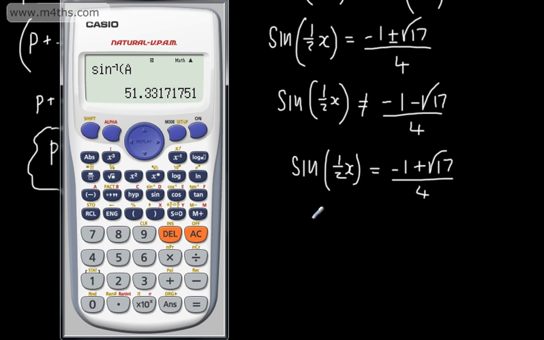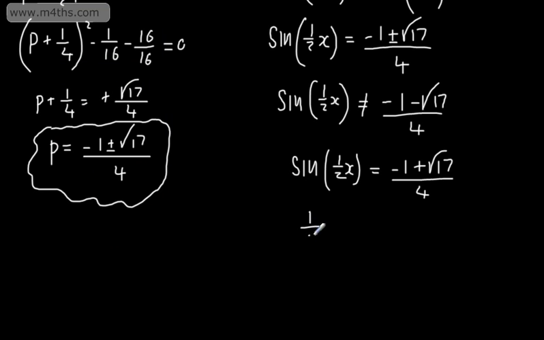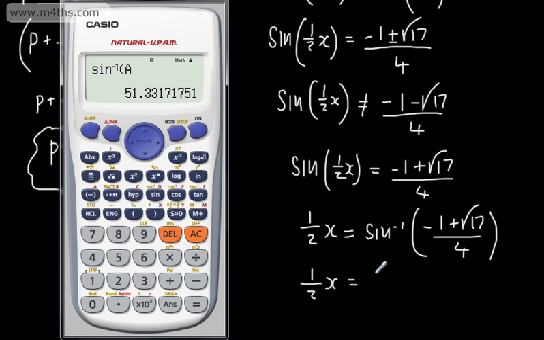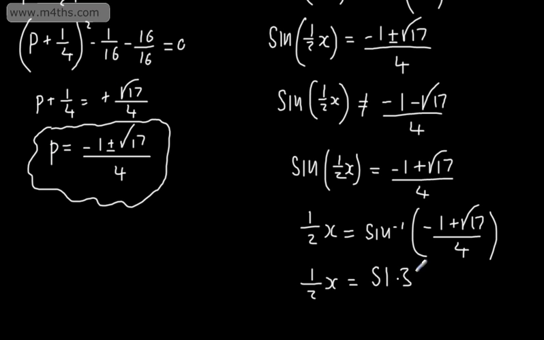So what we can say at this stage is that 1/2 x is going to be equal to the inverse sine of -1 plus the root of 17 over 4. So 1/2 x is 51.3 and so on, plus or minus multiples of 360 degrees.